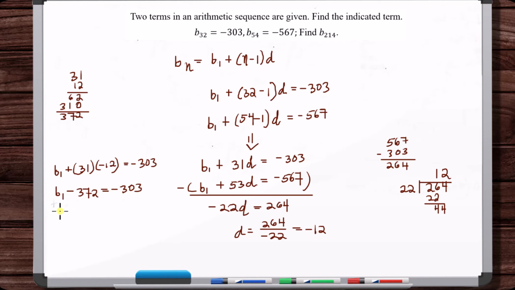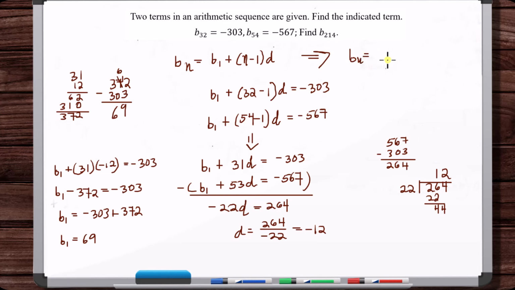So b1 is equal to minus 303 plus 372. So 69. So this is b1 is equal to 69.